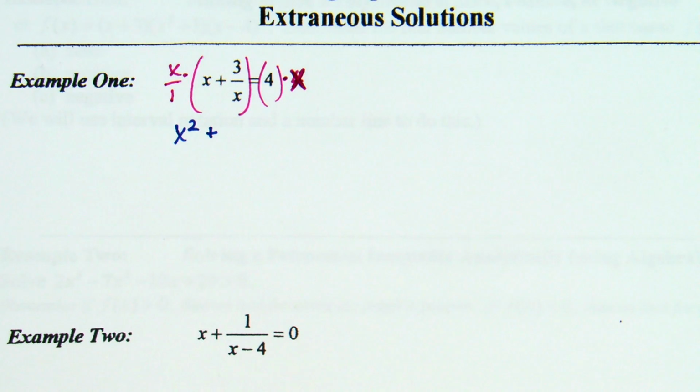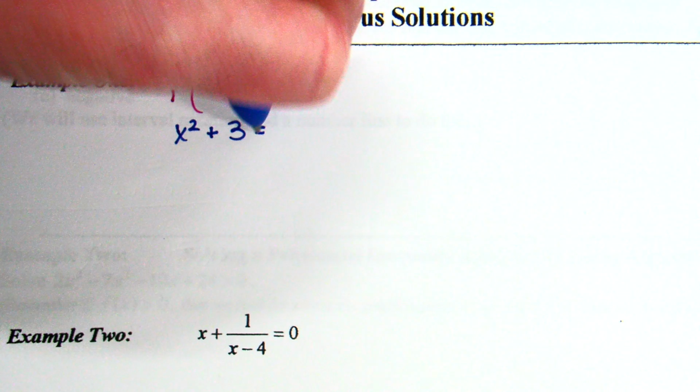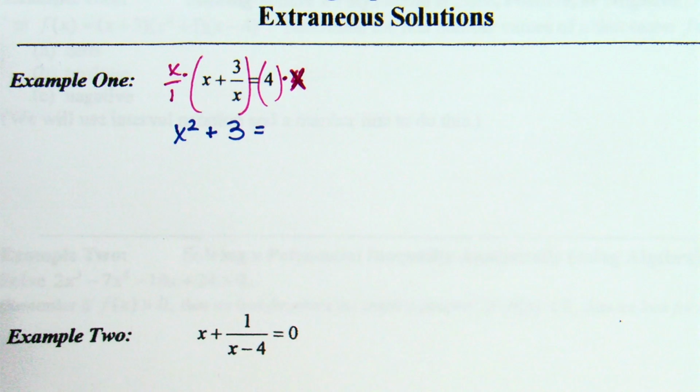Yeah, it just becomes 3 because you can think of the x as x over 1 if you need to. x over 1 times 3 over x, the x's will cancel, and it just becomes 3. So x squared plus 3 on the left. On the right, 4 times x is 4x.